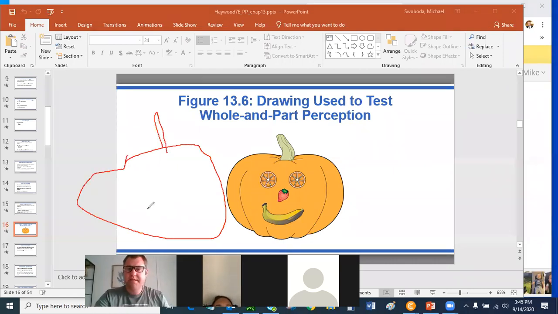The big thing with the pumpkin is it's big enough to house everything else. But let's say my orange slices look like this, and my strawberry looks like that. What is that telling me?